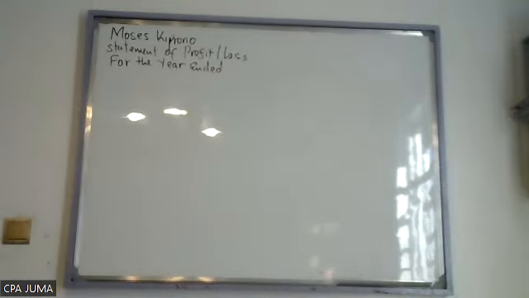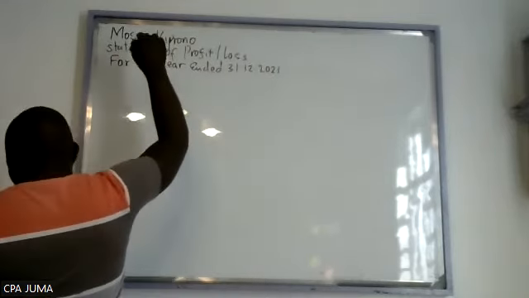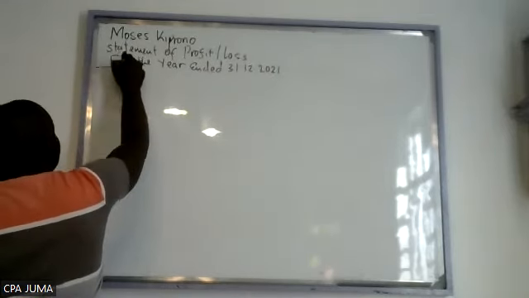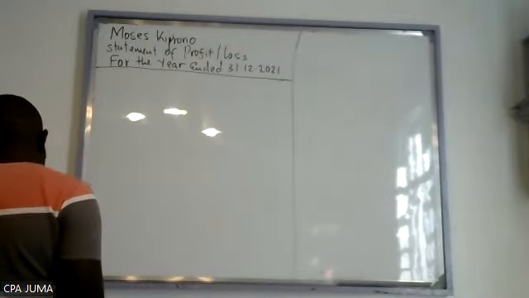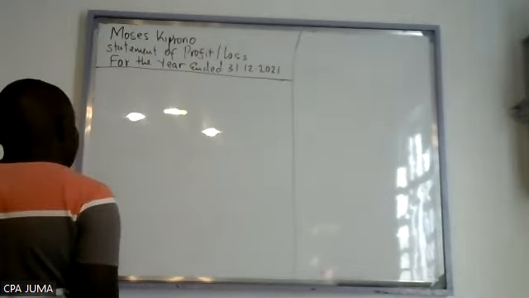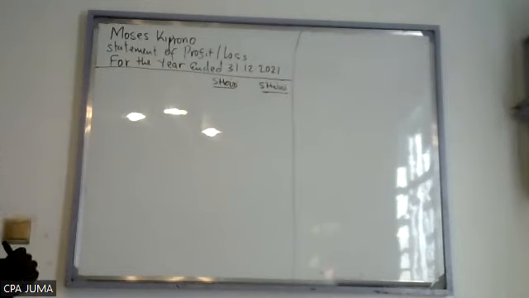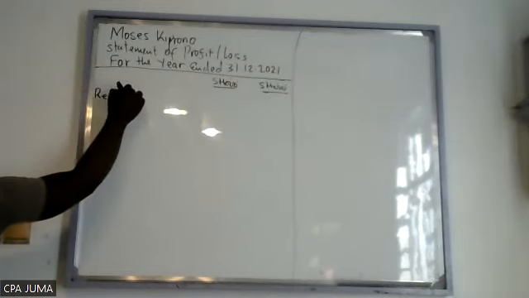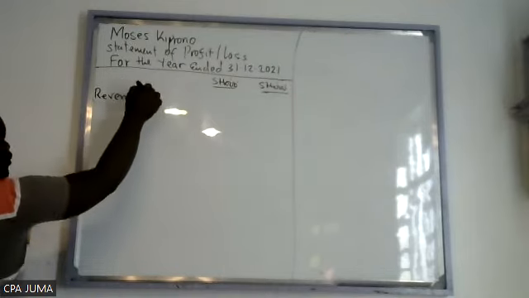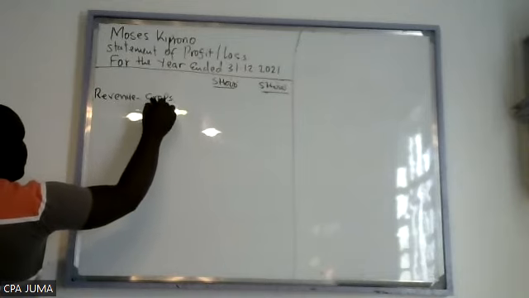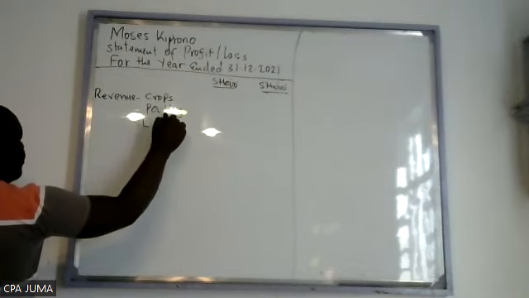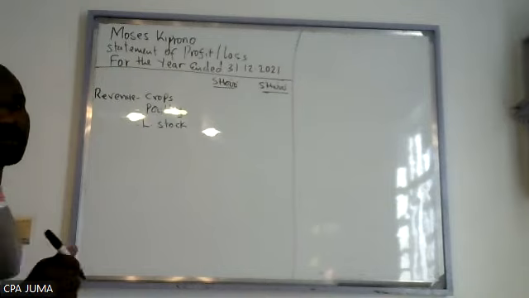So the year is ending when? 31st December 2021. So you will say revenue. Revenue, we got the 31st March.